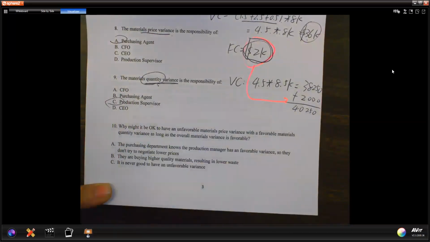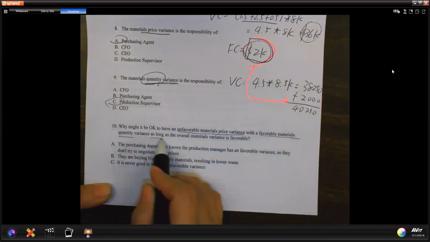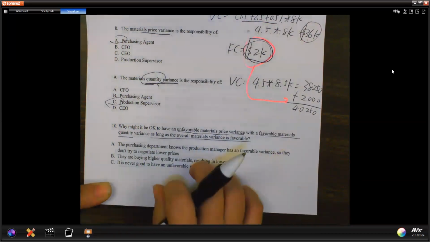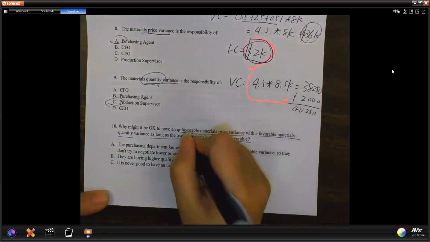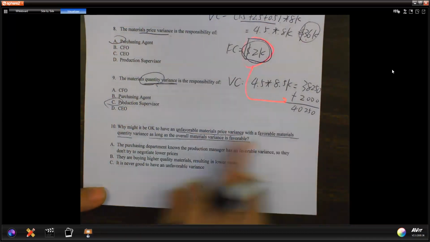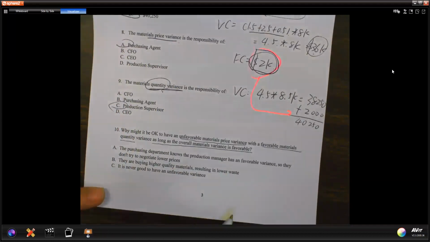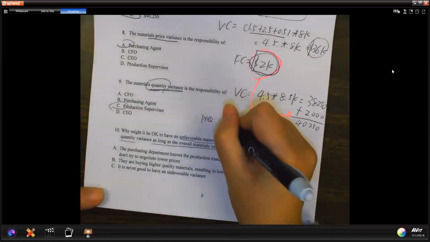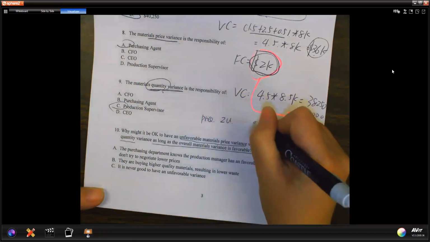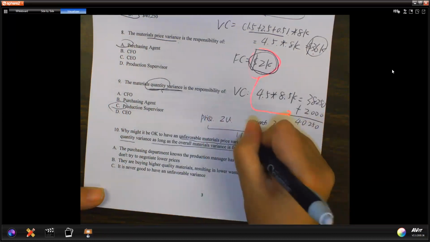Why might it be okay to have an unfavorable material price with a favorable material quantity as long as the overall is favorable? So what's the meaning? If your price is unfavorable, you are paying a higher price, but the quantity variance is favorable, so you use them at a higher efficiency. Let's say your price variance maybe is $2 unfavorable, but your quantity maybe is $3 favorable. So overall it's $1 favorable.